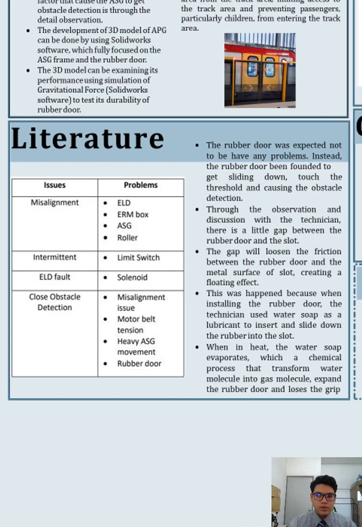The gap loosens the friction between the rubber door and the metal surface of the slot, creating a floating effect. This happened because when installing the rubber door, the technician used water soap as a lubricant to easily insert and slide the door rubber into the slot. So when in heat or high temperature, the water soap evaporates, which is a chemical process that transforms water molecules into gas molecules, which can expand the rubber door and lose the grip between them.